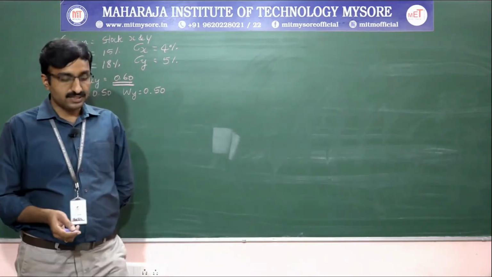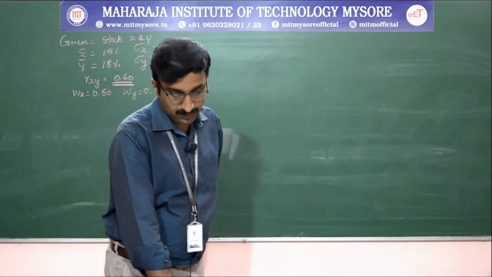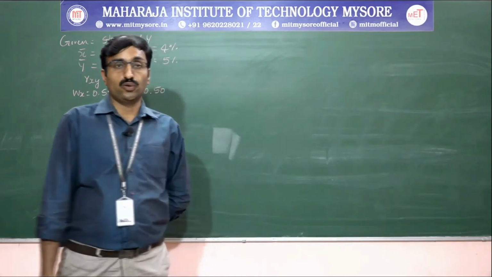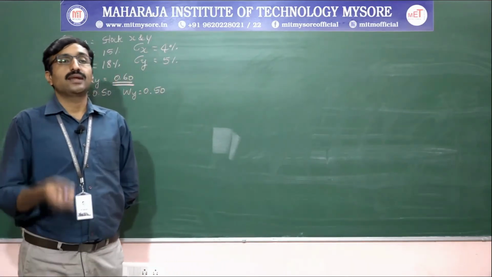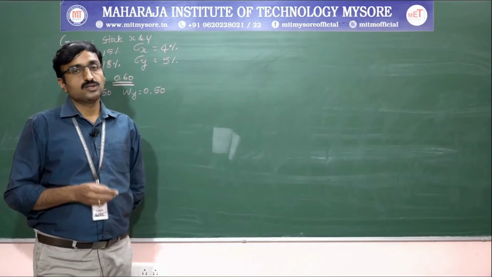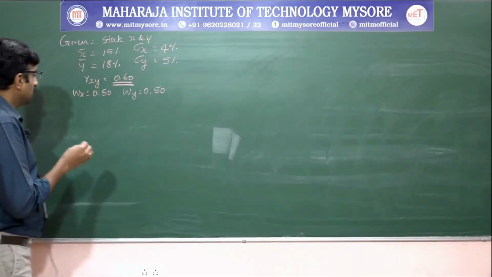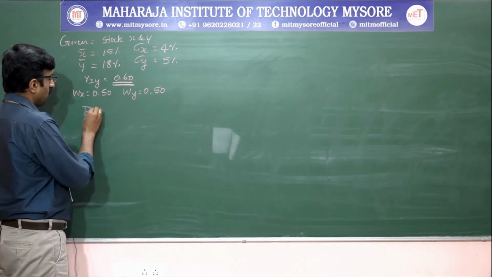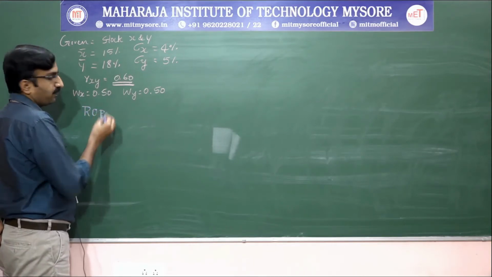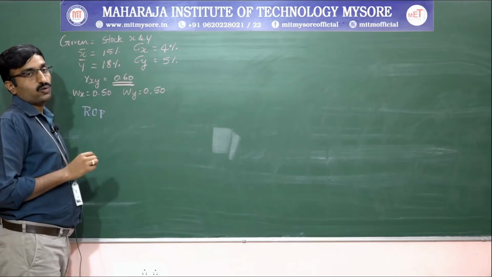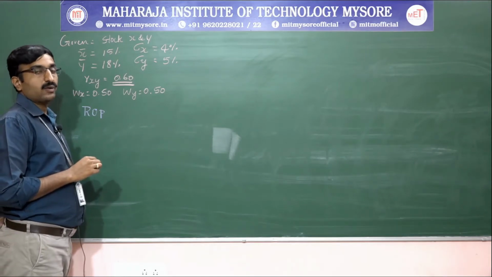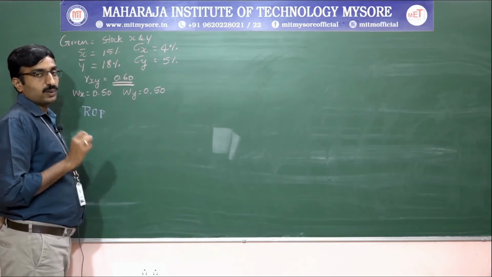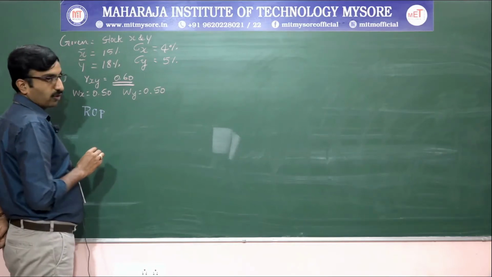Next, based on this, they have asked you to calculate the return on portfolio, then risk on portfolio. So, first let us find out the return on portfolio, that is ROP, return on portfolio for both X and Y together we have to find out. So, what is the formula to find out the return on portfolio?